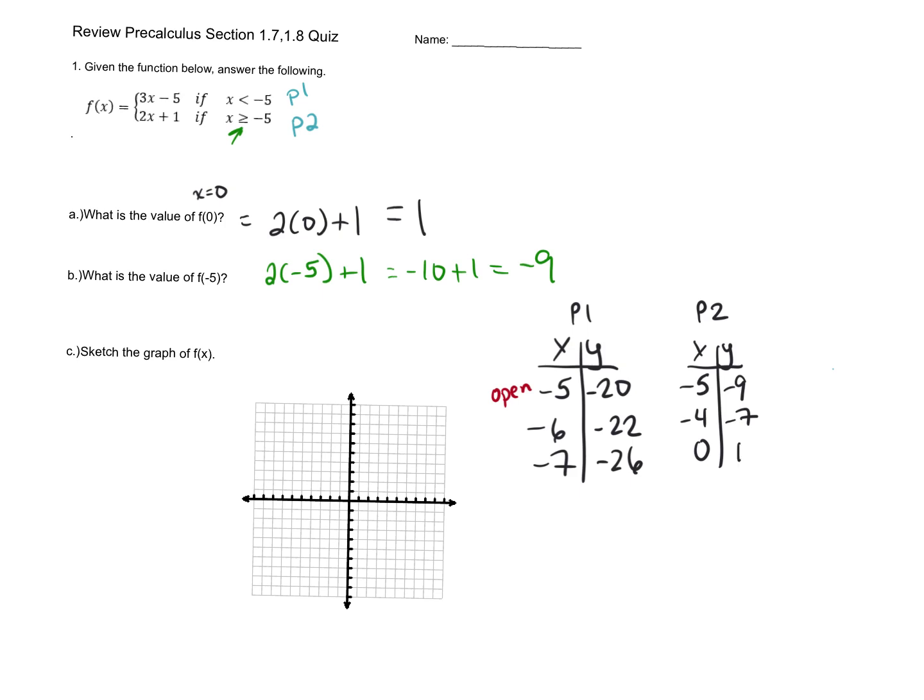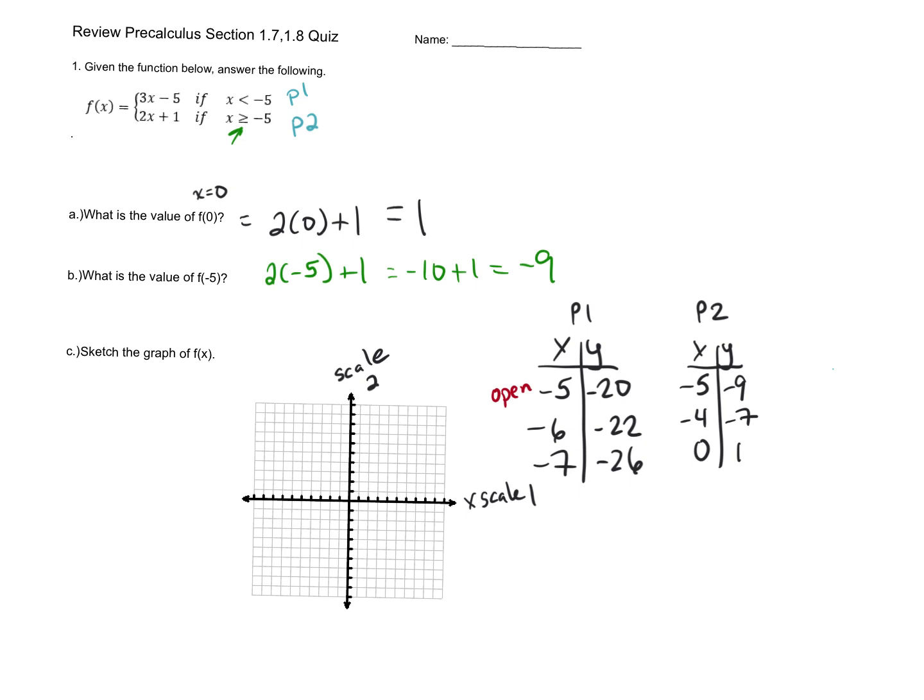So if I look at piece 2, I'm going to plot these points, starting with negative 5, negative 9. Now you notice piece 1 has a lot of small values, so I'm going to make the scale on the y-axis 2. And on the x-axis, I'll keep the scale to be 1. Scale 2 means each box is worth 2, right?